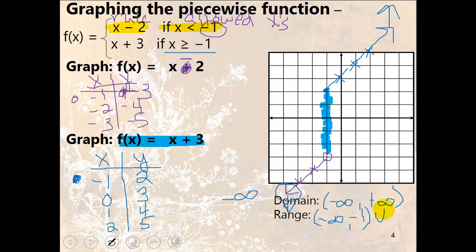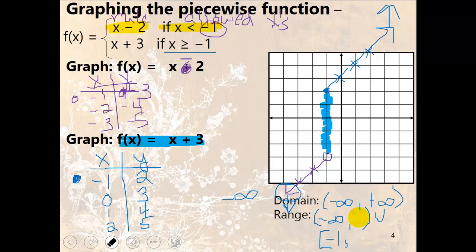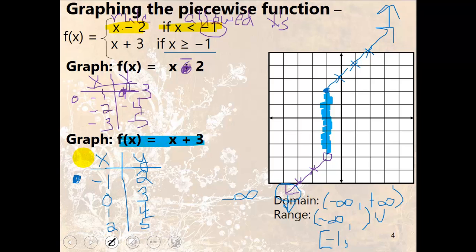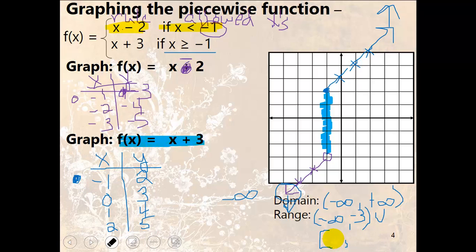And then it picks up again, and these are y values. This y value is -3. And then it picks up again at the y value of 2 and goes on to +infinity. Okay?